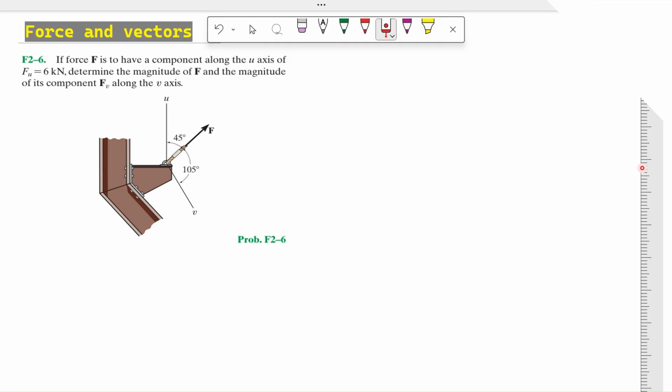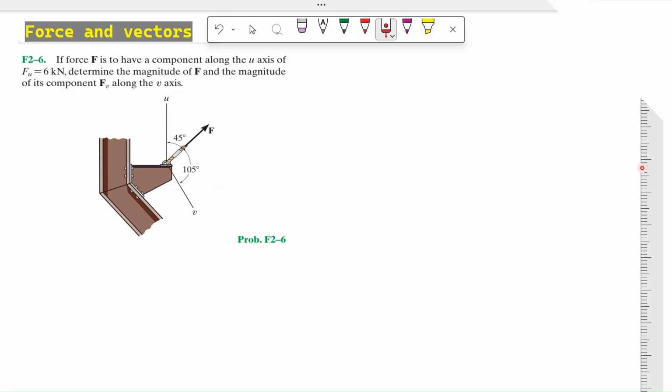Now for the solution, I will be drawing a correct triangle. By correct triangle, I mean that I will draw one side of the triangle as the resultant force, and the other two sides are Fu and Fv, meaning its components.